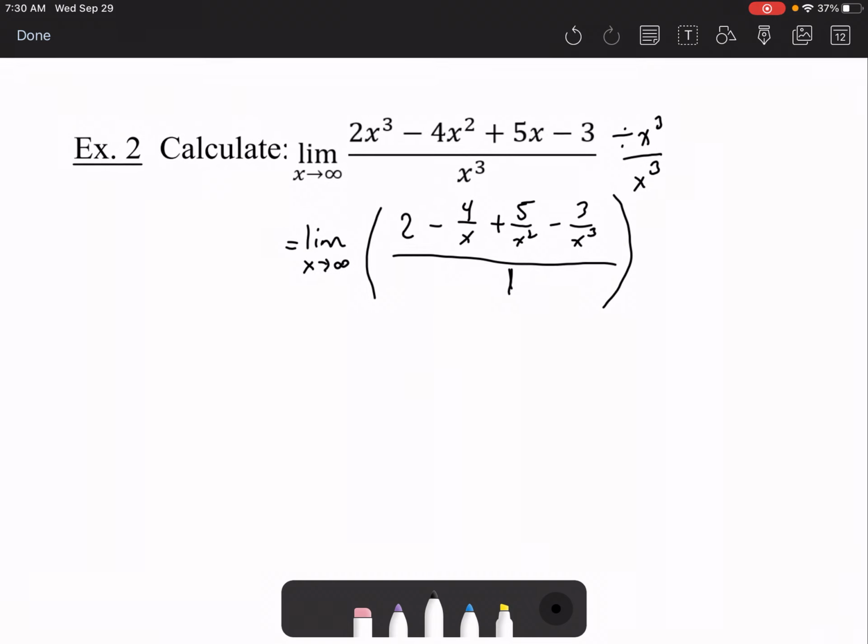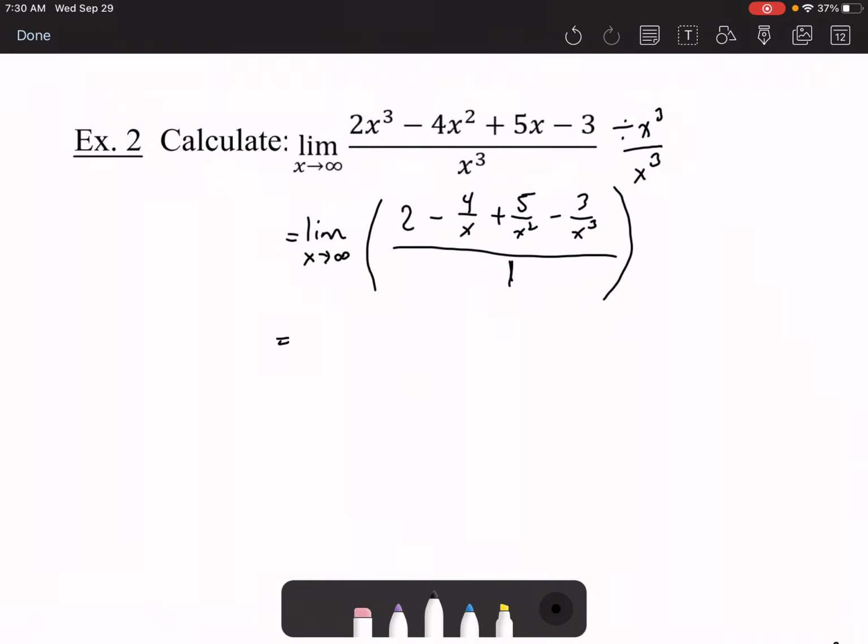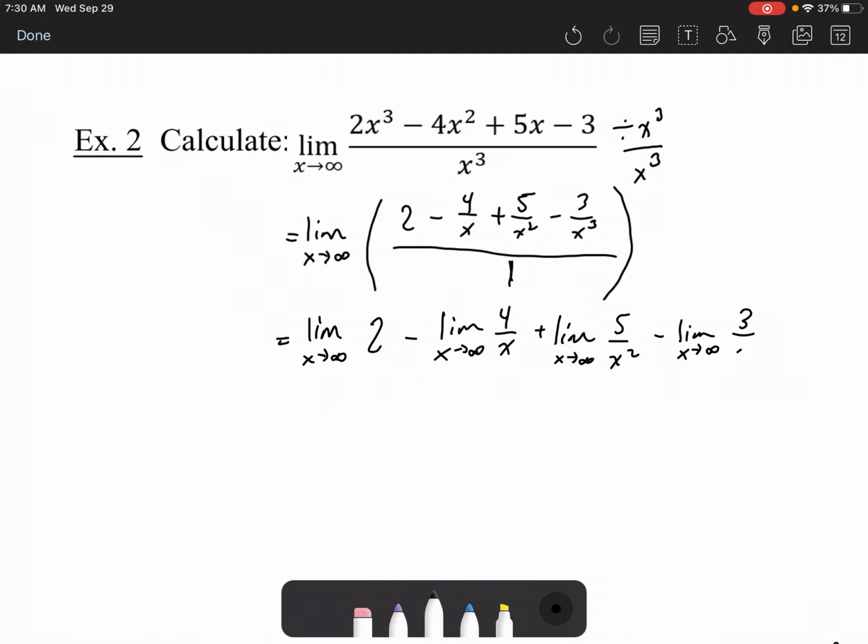Well, from there, I can make my life a little bit easier and separate these into multiple limits. So the limit as x approaches infinity of 2, minus the limit as x approaches infinity of 4 over x, plus the limit as x approaches infinity of 5 over x squared, minus the limit as x approaches infinity of 3 over x cubed.